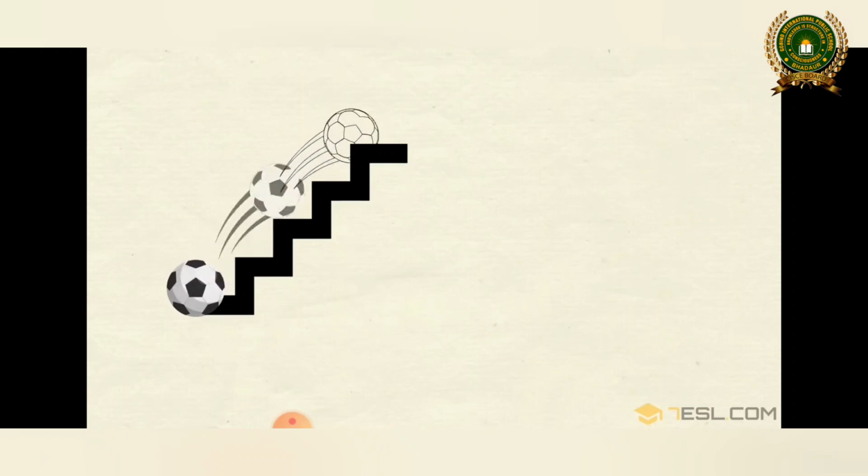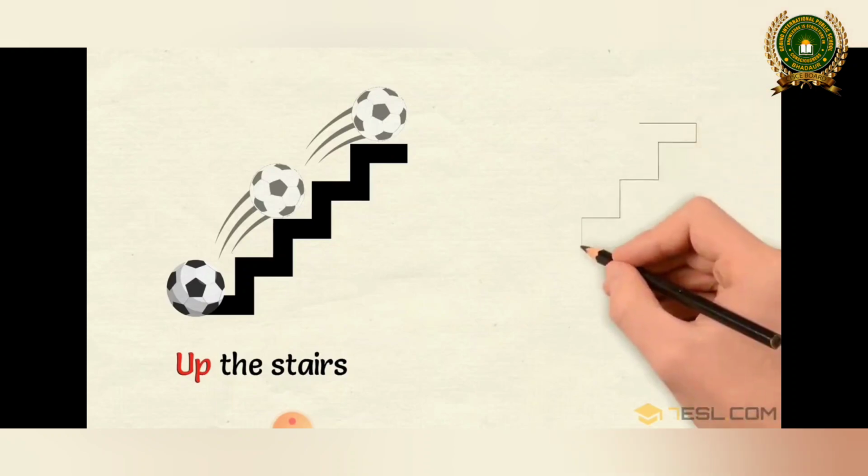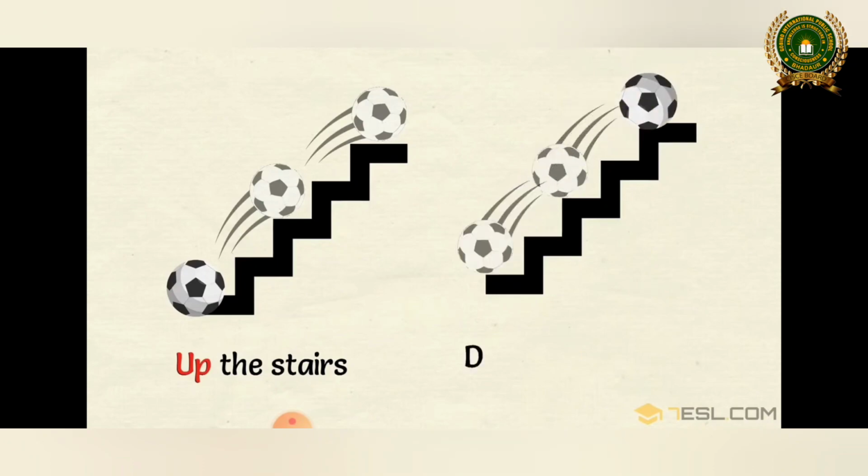When it goes up, we will say up the stairs. Now the ball is up, it is coming down, we will say down the stairs.